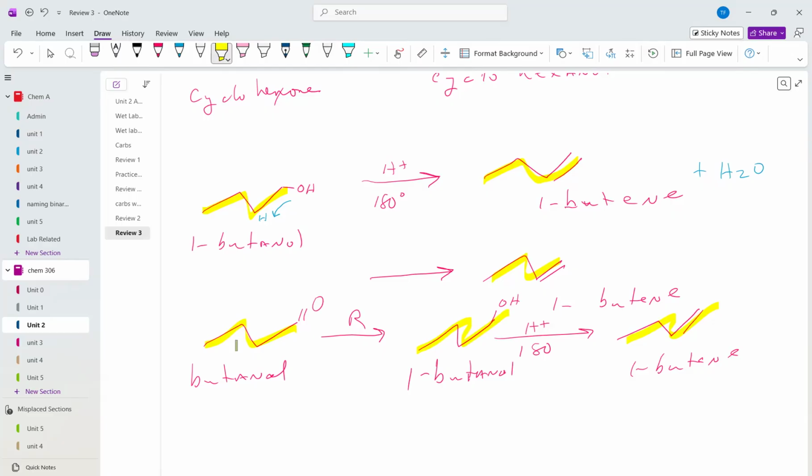So that's a multi-stepper. We're gonna have very few multi-step problems in here. Usually I have one per test. All the rest will be single shots.